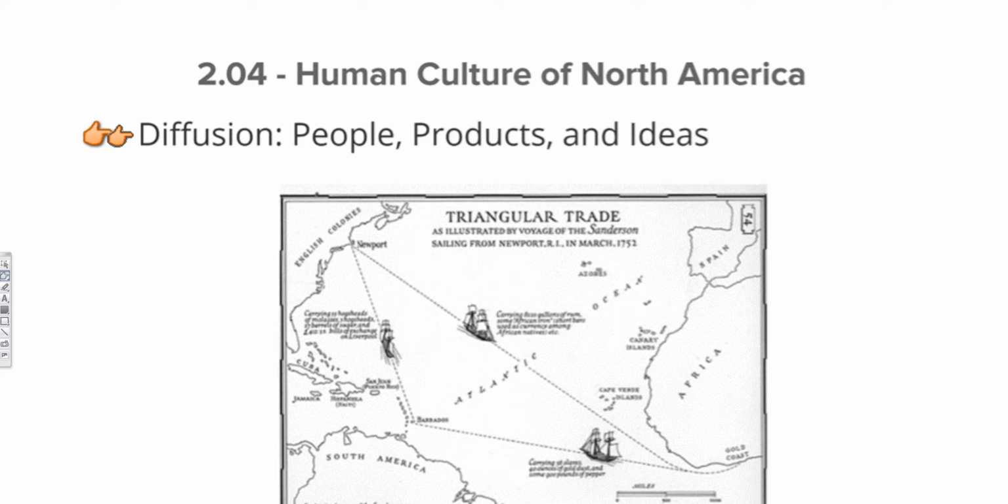Or if I go back to Florida and I say, can I get a pop? Utah's great for fry sauce. They don't have those things back there, and they didn't have them in Wyoming or Nevada until people moved from those places and brought those ideas. So that's what diffusion is.